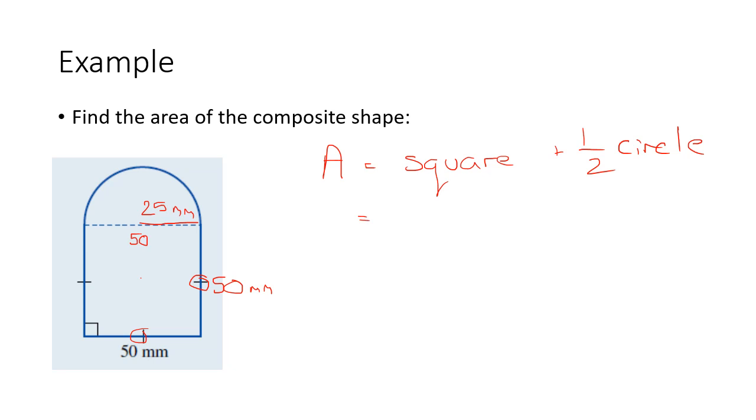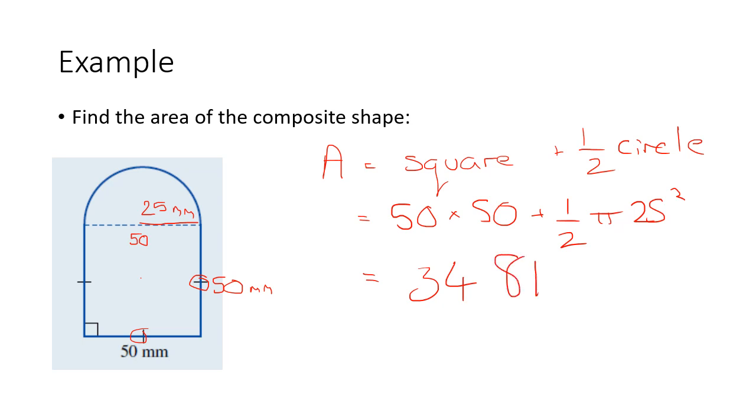So it's just going to be 50 times 50 plus a half pi times 25, my radius, squared. What I get from that is 3481, I'll just round to the nearest millimeter, and it's millimeters squared is my answer there.